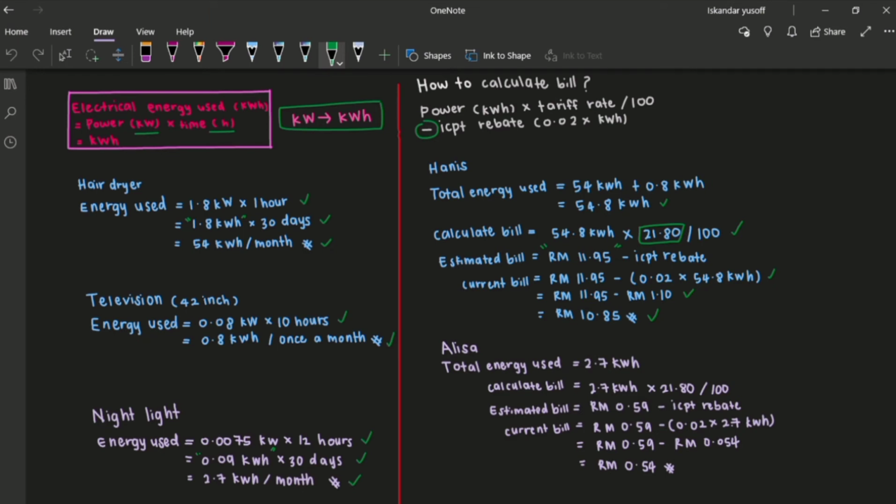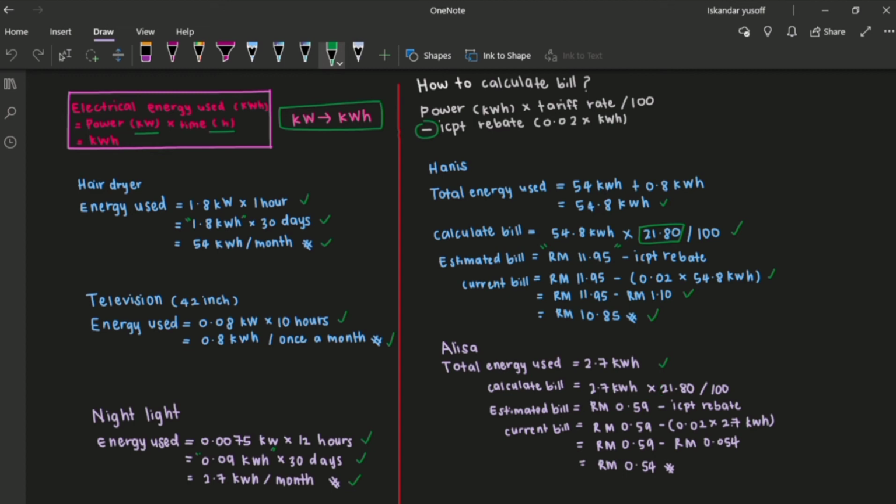For Alisa, the energy used by her night light is 2.7 kilowatt hour, and we need to times with the tariff rate that is 21.80 for the first 200 units and divide with 100.